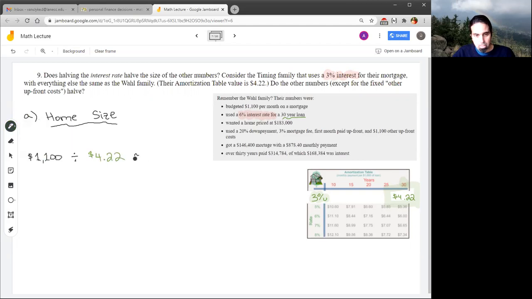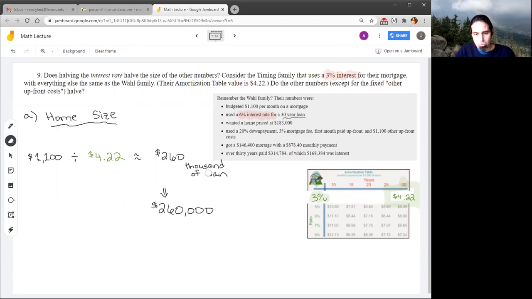And we get about whatever that is. 260. Again, I'm rounding down so we don't over budget for any family. So that's 1,000 of loan. We don't like writing the word 1,000 as a label, so let's rewrite it 260,000.